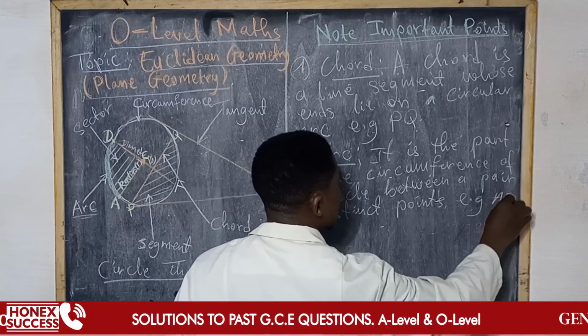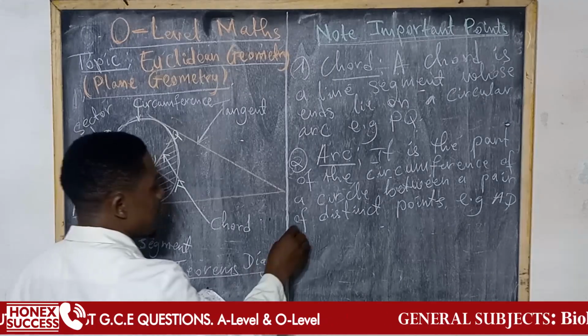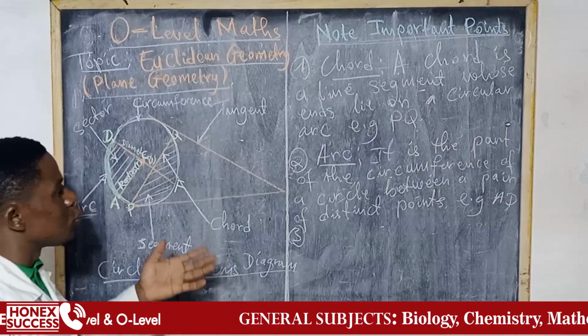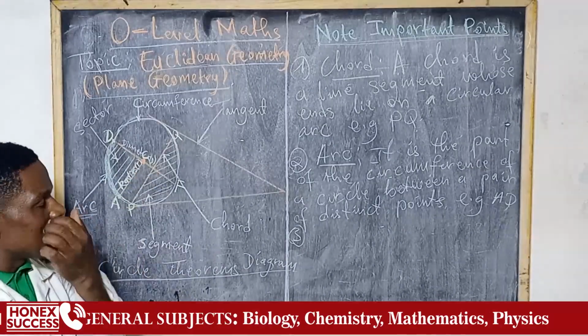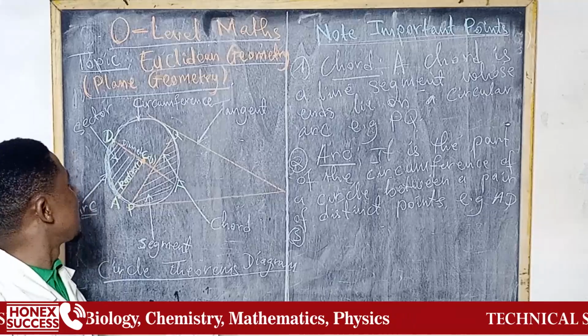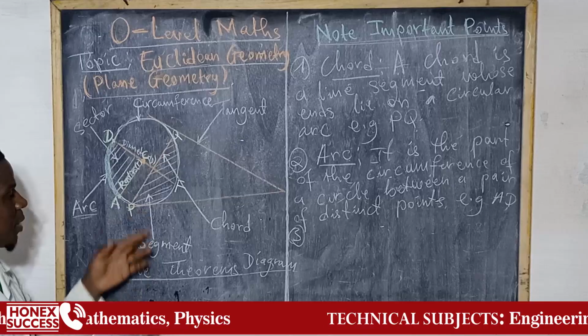So we move ahead. Another important term that we need to know as far as the basics of the circle theorem are concerned is a segment. You can see it labeled here, a segment. What is a segment?